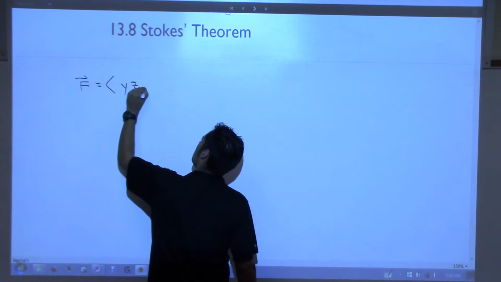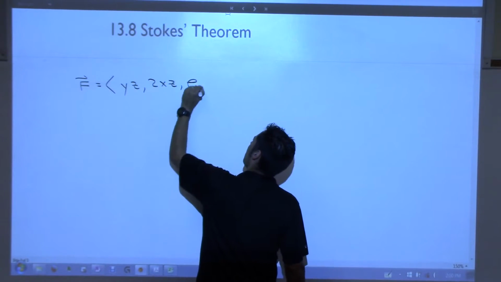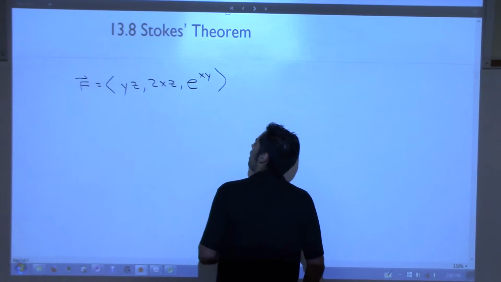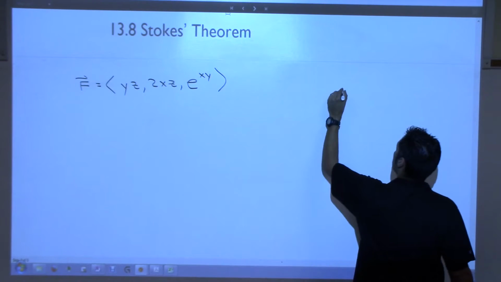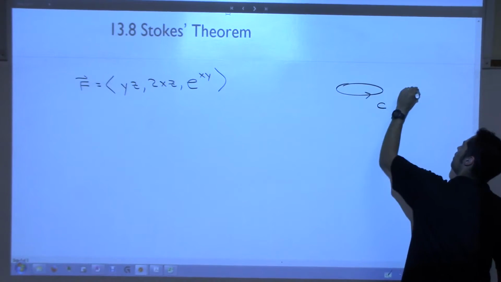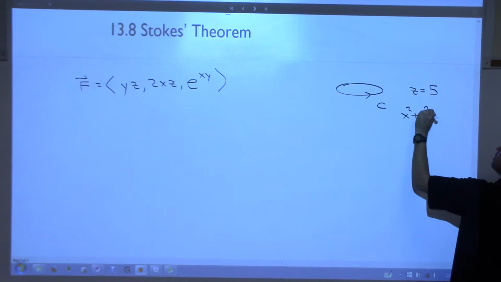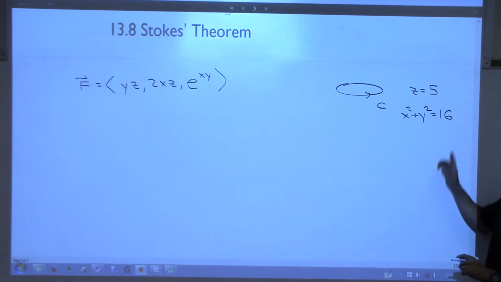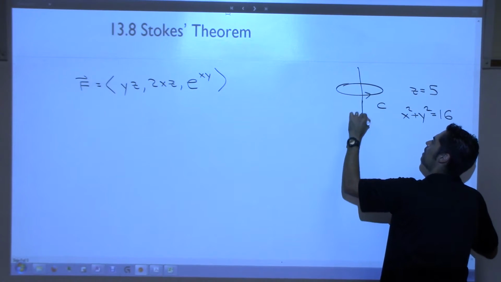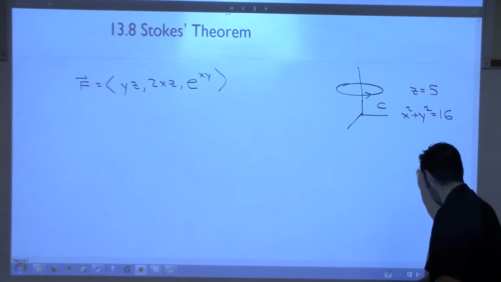Y, z, oh, I remember, 2x, z, e to the xy. Okay. And we had our curve, which was this guy, like that. That was C, but z was 5, and it came from x squared plus y squared was 16. Is that right? Okay, so it was that curve. It was sitting up here a little bit off the xy axis. There it was, right? So we wanted to do that. We did that. We got 80 pi.